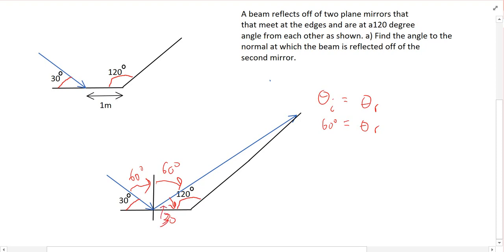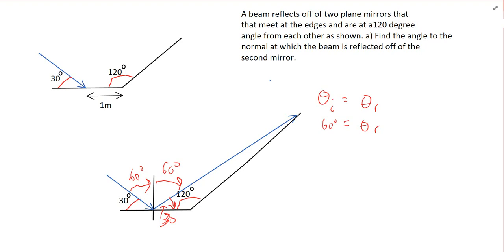So now we've got another triangle. Here's one point of the triangle up here on the upper right, and we've got one point of the triangle down here, and then one point of the triangle down here on the left. That is another triangle. It's not a right triangle, but the angles of any triangle have to add up to 180.